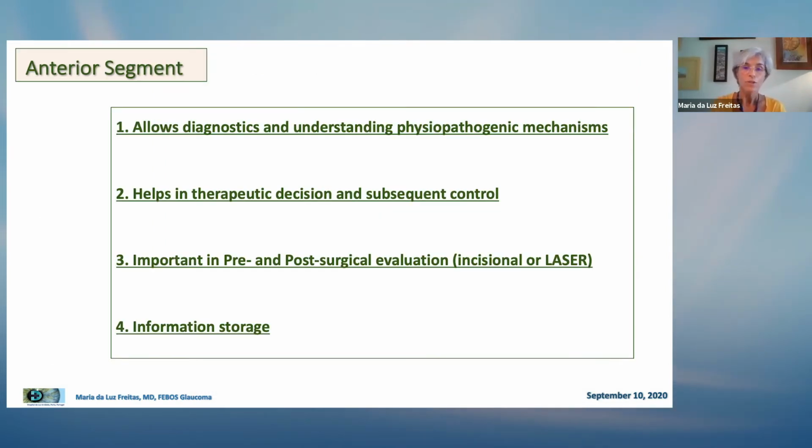In conclusion, the evaluation of the anterior segment of the eye has become essential because it allows diagnosis and understanding of the physiopathogenic mechanism, helps in the therapeutic decision and subsequent control, and is very important in pre- and post-surgical evaluation and information storage.